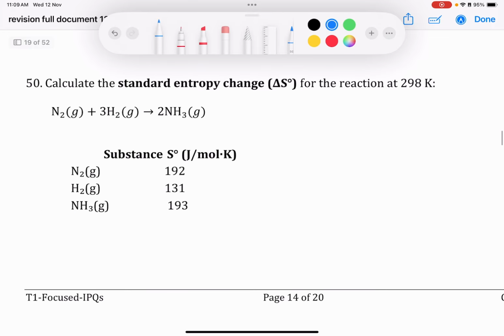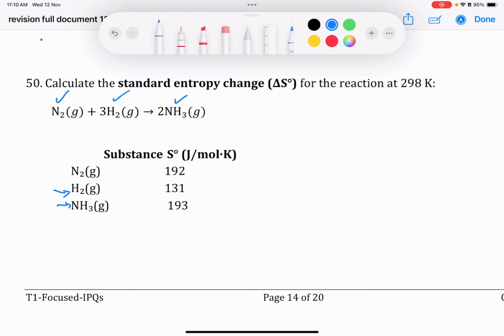Okay, another question: calculate the standard entropy change, delta S, for the reaction at 298 Kelvin. So again, we look at the table here, and we find that they gave us the entropy for N2, for H2 and for NH3.